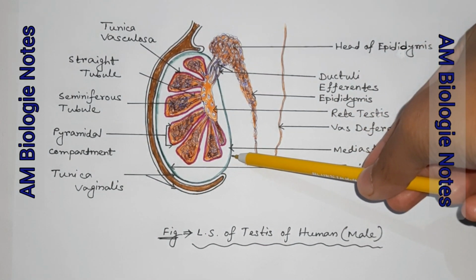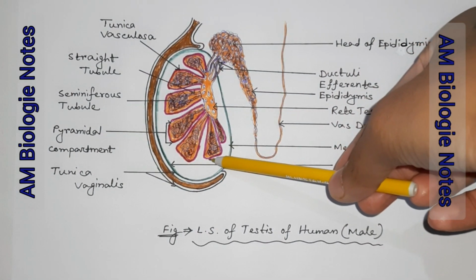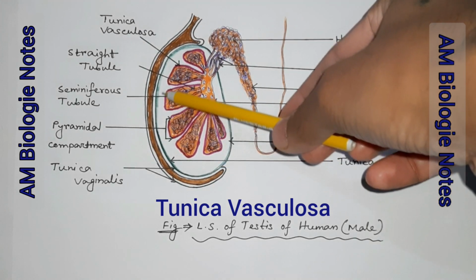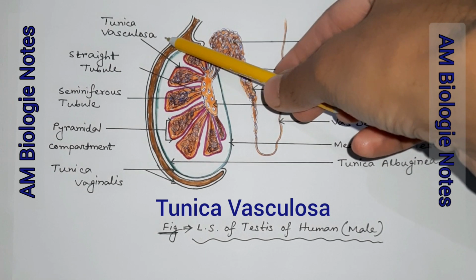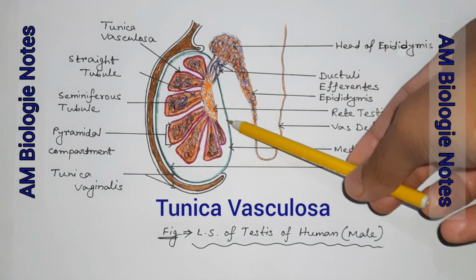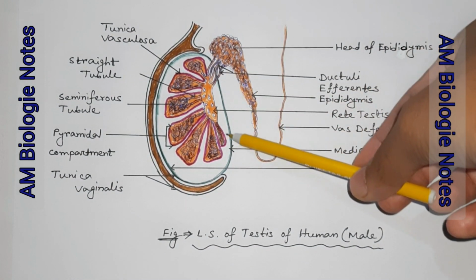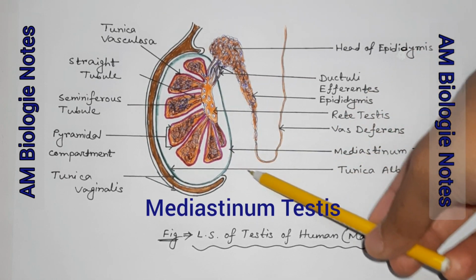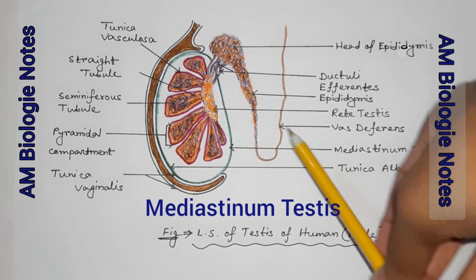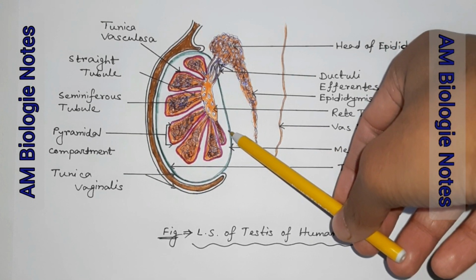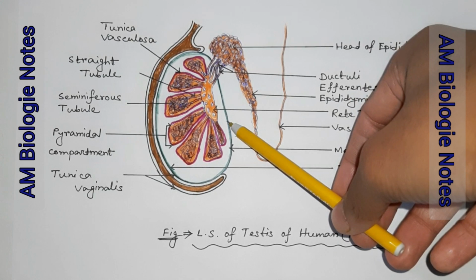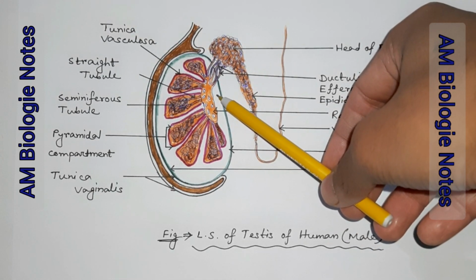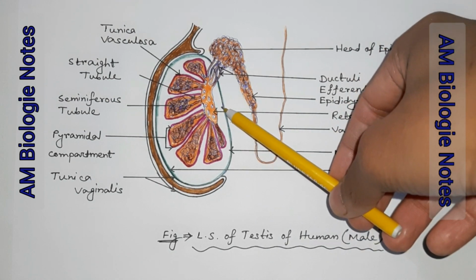The inner part of this capsule is a loose connective tissue layer that contains blood vessels. This is known as the tunica vasculosa. At the posterior surface of the testis, the tunica albuginea thickens to form the mediastinum testis. Blood vessels, lymphatic vessels, and genital excurrent ducts pass through the mediastinum as they enter or leave the testis.